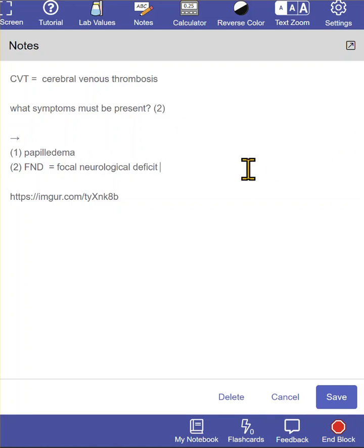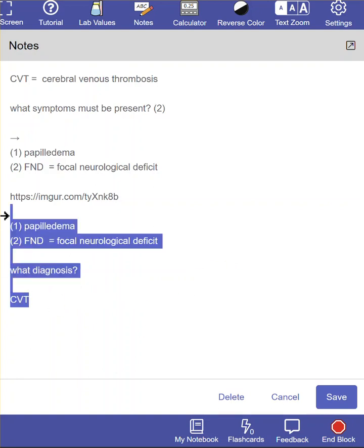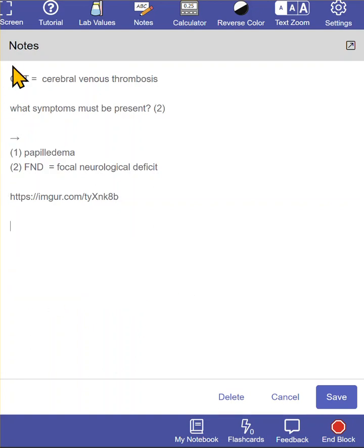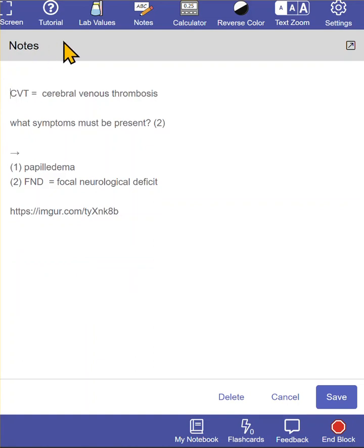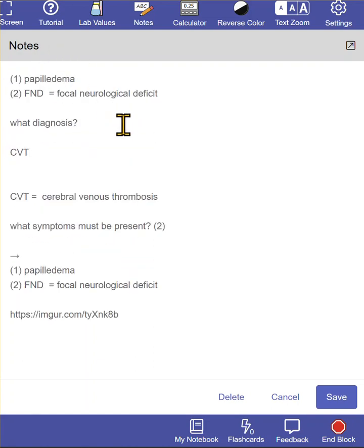And so let's invert that question. So if you had papilledema and focal neurological deficit, what should you be thinking about in terms of diagnosis? Cerebral venous thrombosis. So I like the inverted more than I like the original question because I want to be able to identify it.